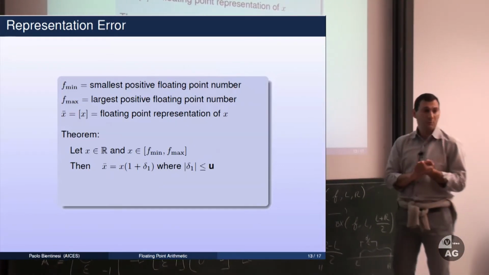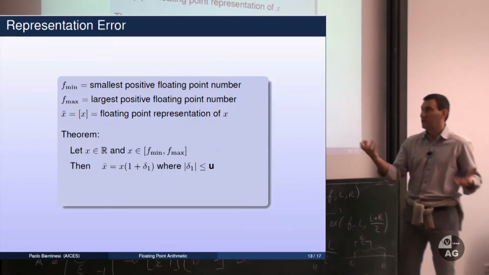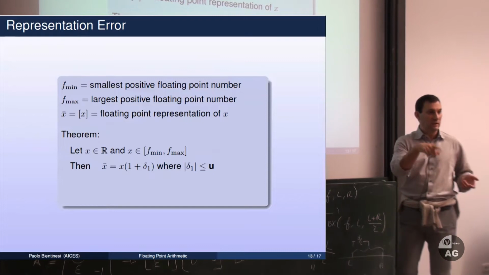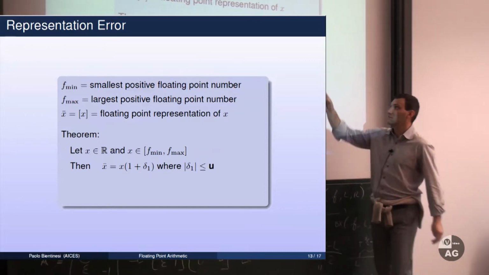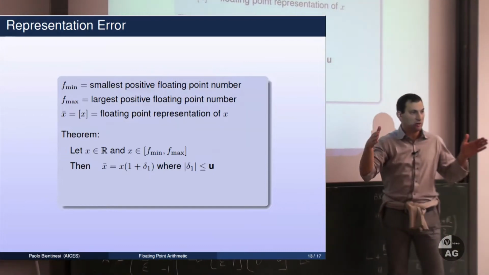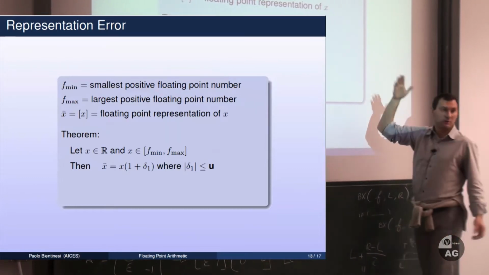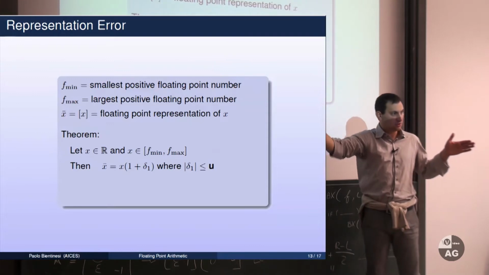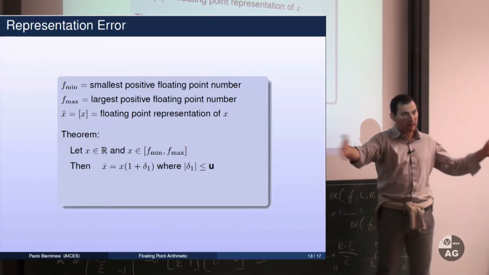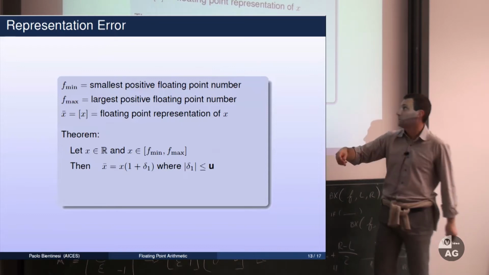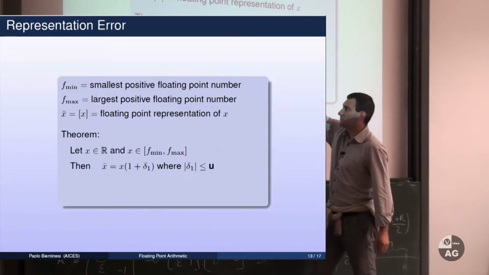We have a guarantee that for any real number, even pi or e or whatever other number, as long as we choose a number in between the smallest possible floating point number and the largest possible floating point number, it satisfies this relation.